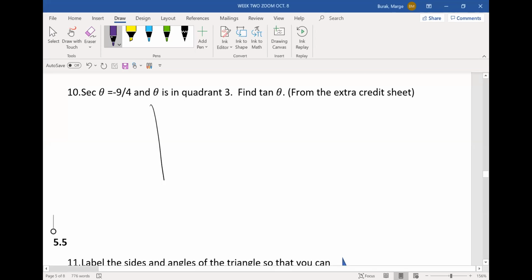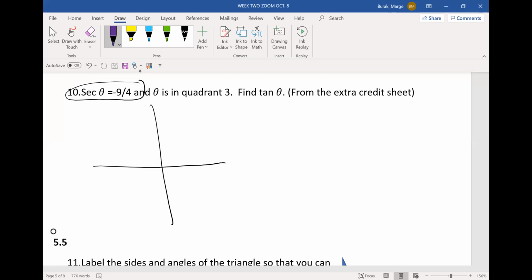Okay, so I'll draw the picture again, quadrant 3. We know the secant is -9/4. We know that the secant is 1/cosine. This is what I think in my head, okay?